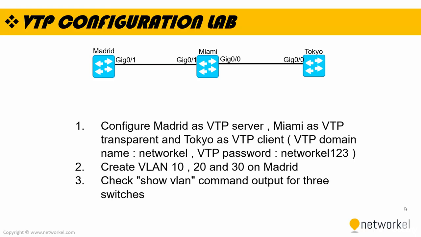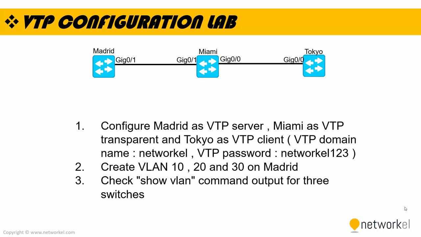In this practical lab, we are gonna take a look at the VTP configuration together, guys. We have 3 steps to accomplish. In the first step, we need to configure Madrid as VTP server, Miami as VTP transparent, and Tokyo as VTP client mode.